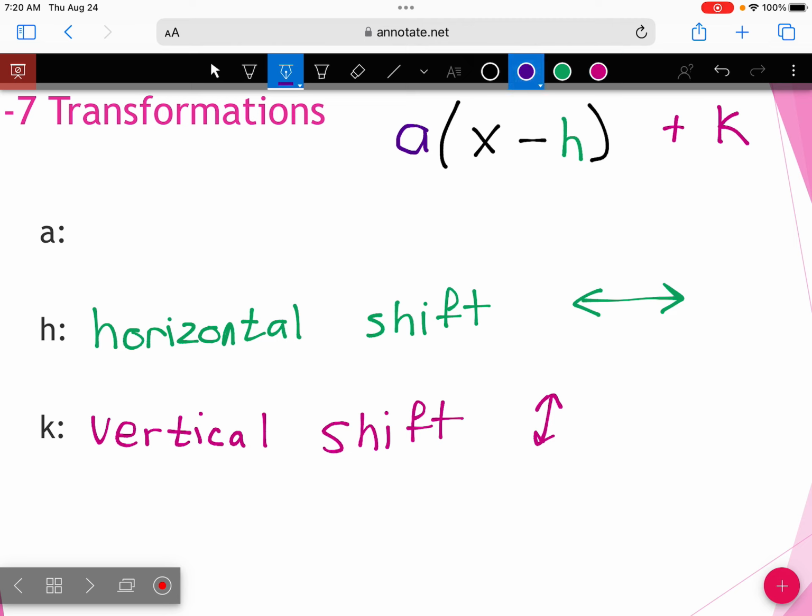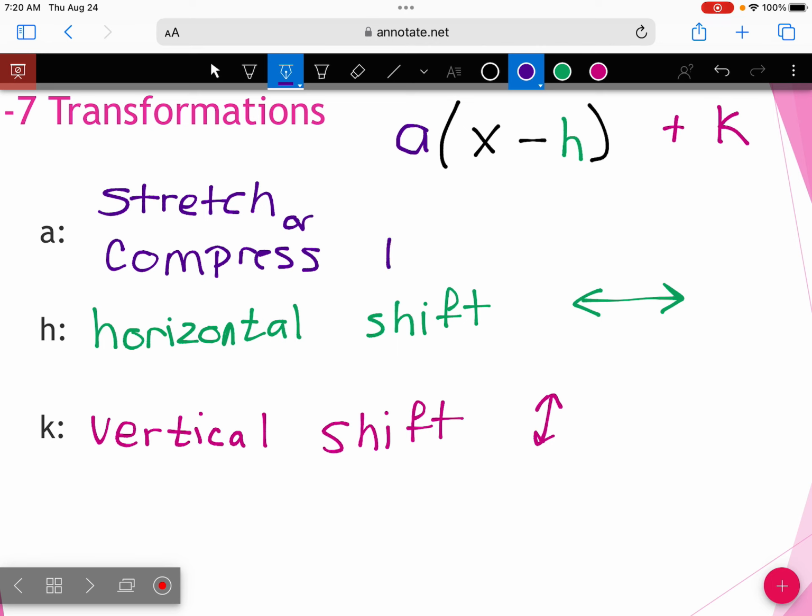A will tell us whether it's been stretched or compressed. Those are our two words. It compresses when A is between 0 and 1.